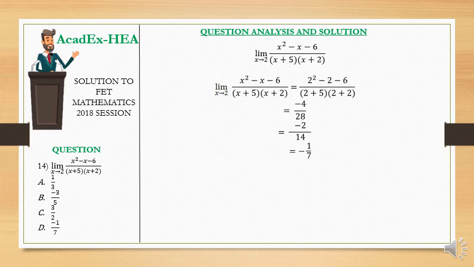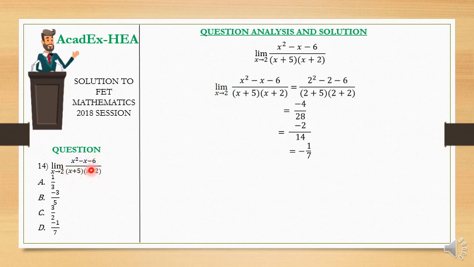Limit as x tends to 2. First and foremost, we are evaluating the limit of this function as x approaches 2. We have to insert 2, direct substitution, into this function. If it gives us a value, fine.